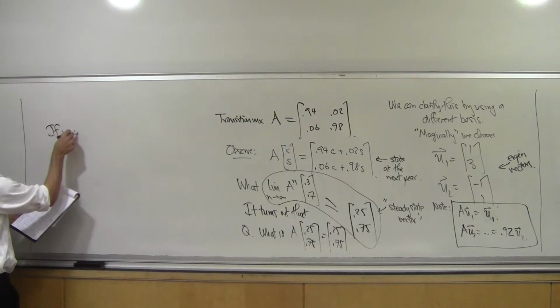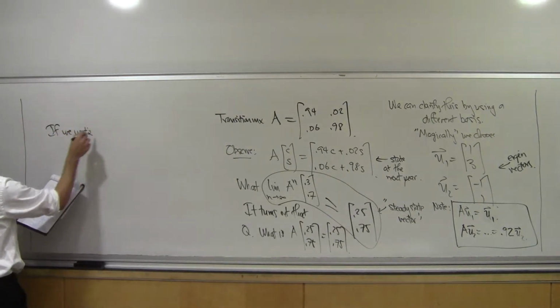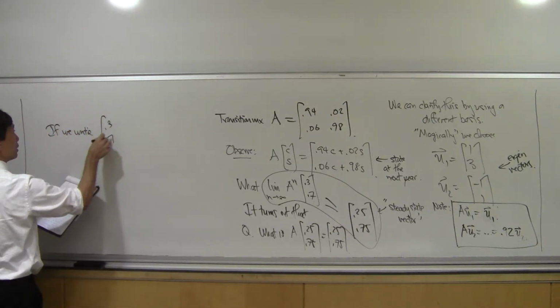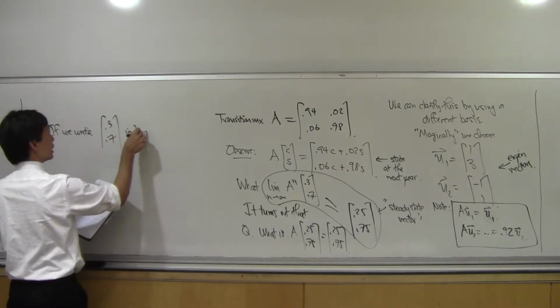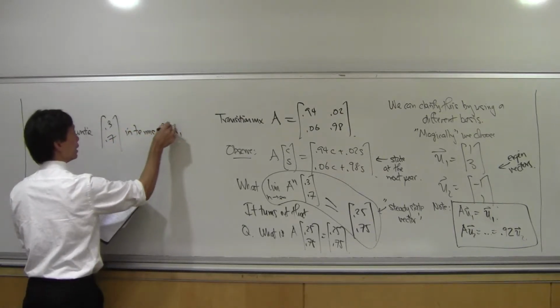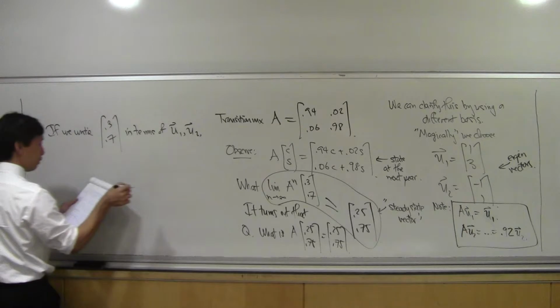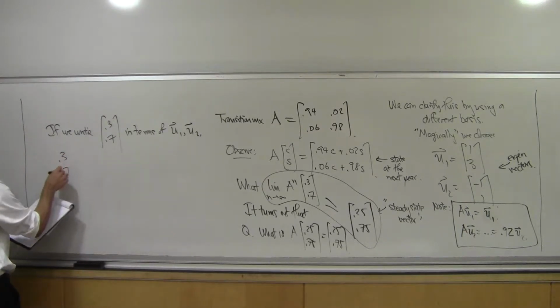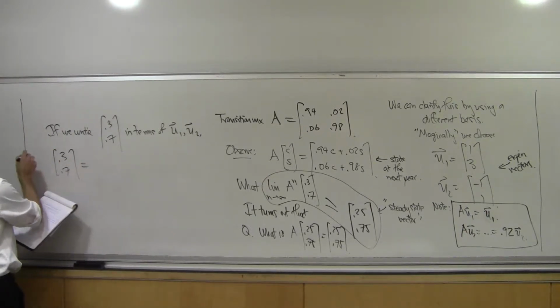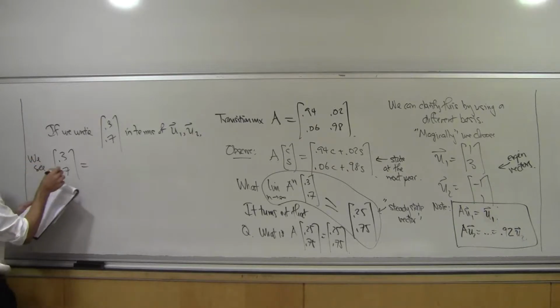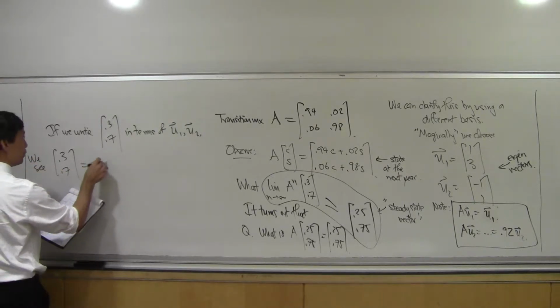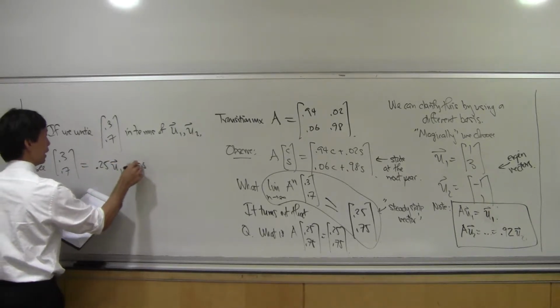If we write this 0.3, 0.7 in terms of U1 and U2, we see that 0.3, 0.7 actually equals 0.25 U1 minus 0.05 U2.